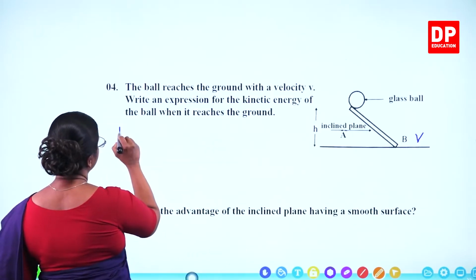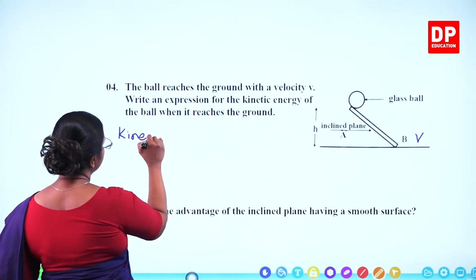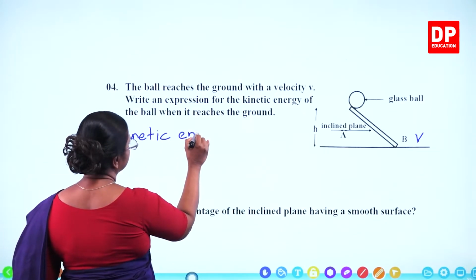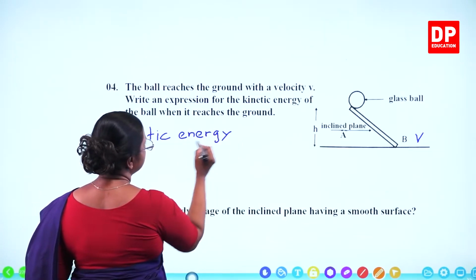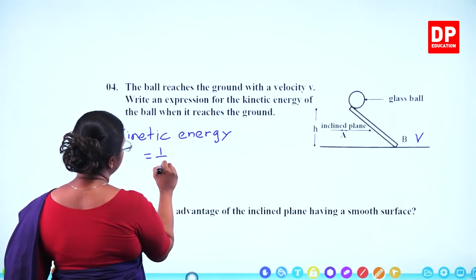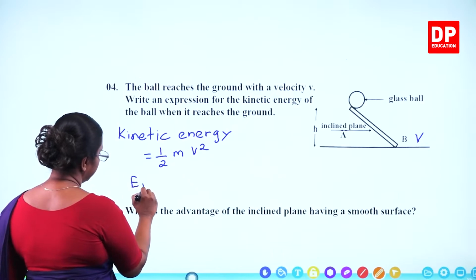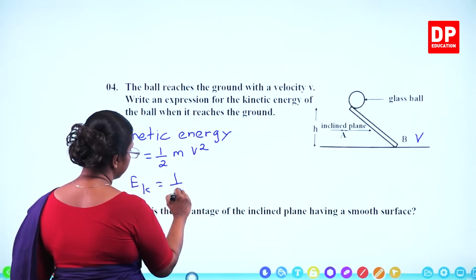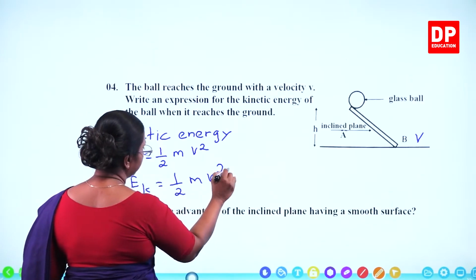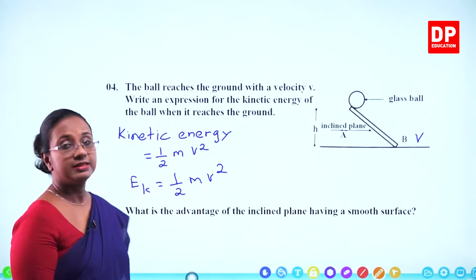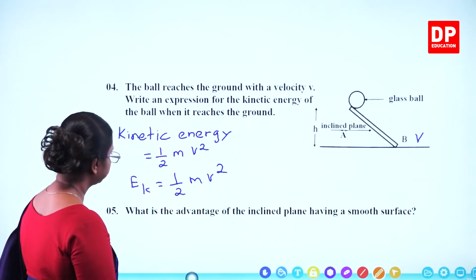Kinetic energy equals half mv squared. So that is E kinetic equals half mv squared. That is the equation there.